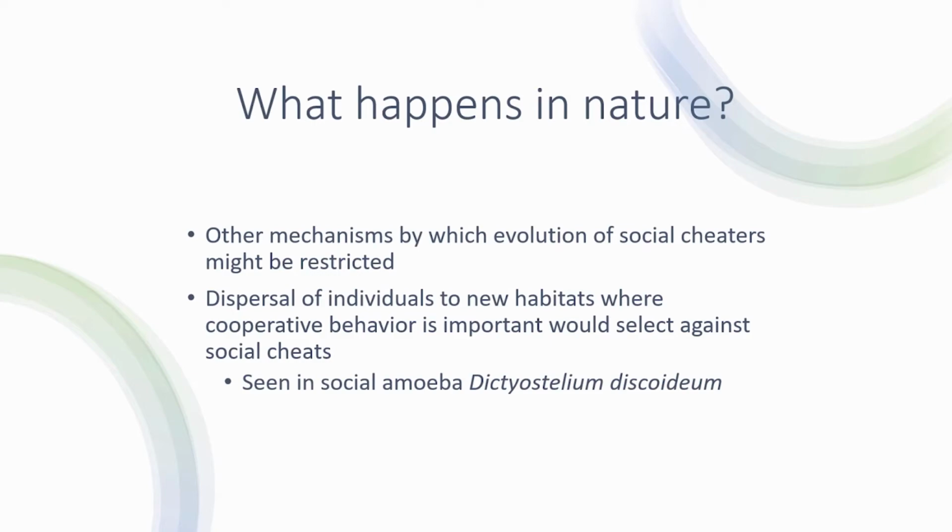This is related to that next point, where the dispersal of individuals to different habitats where cooperative behavior is really important just naturally selects against social cheats. And that's just one of the possible mechanisms that they proposed in that first point that I put down.